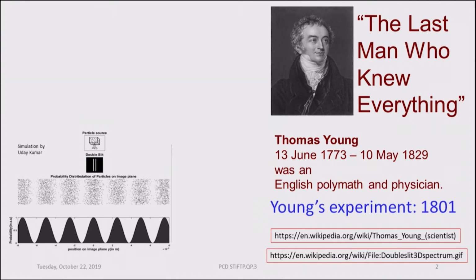But essentially you have got a source of either light or particles. It can be an electron gun, which can go through two slits, and it has the possibility of going through either slit 1 or slit 2, but both the possibilities are open, and when you have both the possibilities you get an interference pattern.